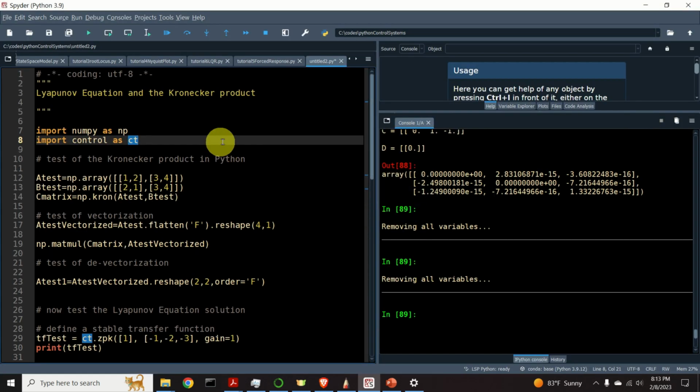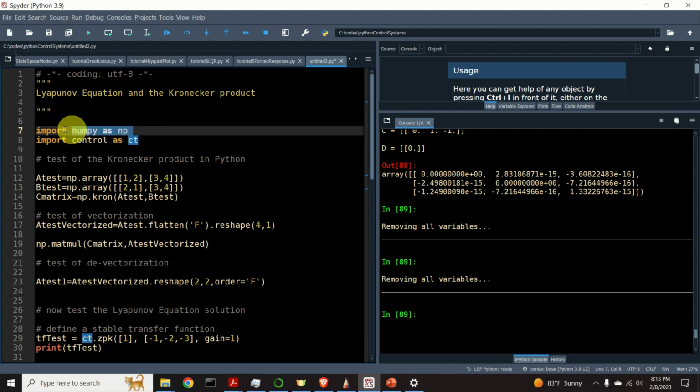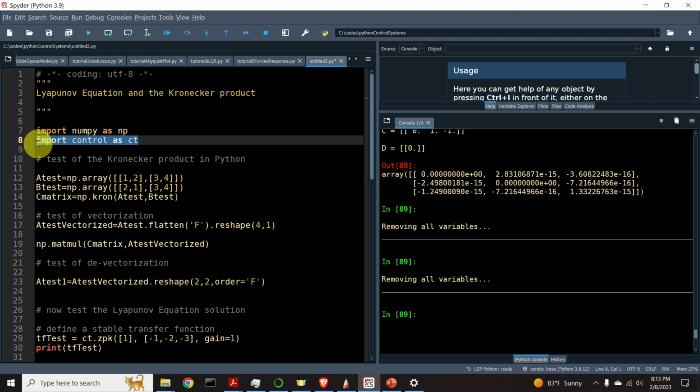Next, let's see how to implement this procedure in Python. First of all, I need to import the necessary libraries. I'm importing the NumPy library, and I'm importing over here the Python Control Systems Toolbox library as CT. Note, I created a series of tutorials on how to use the Python Control Systems library.